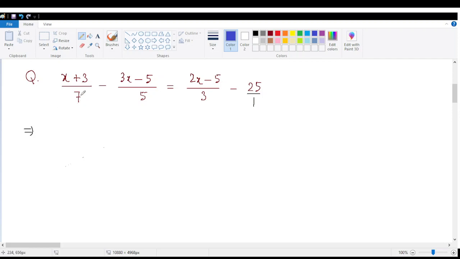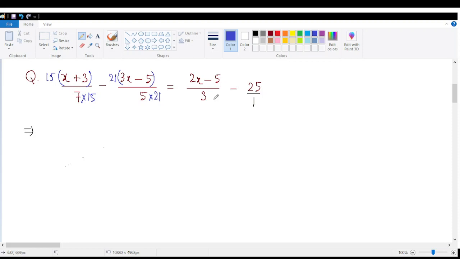The LCM is 7 times 5 times 3, out of which 7 is already there, which means you will have to multiply 5 times 3 with it, which is 15. Here also you have to multiply 15. Here we already have 5 out of 7, 5 and 3, so we have to multiply 7 times 3 with it, which is 21. We have to multiply here 21.